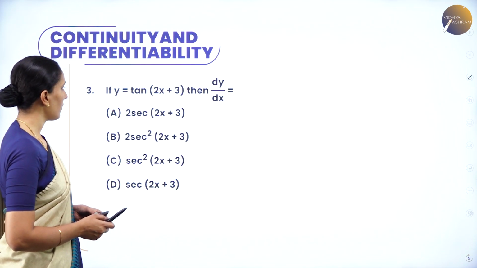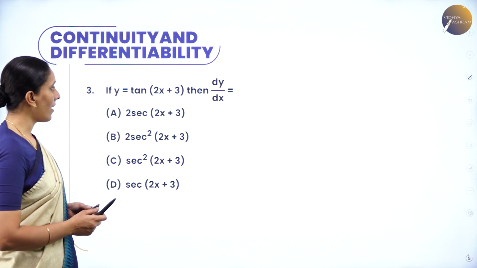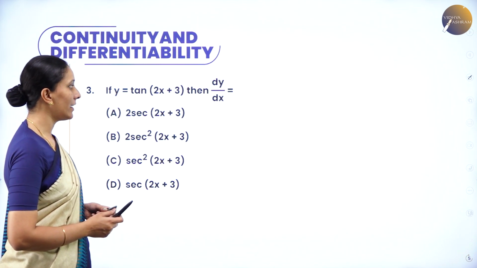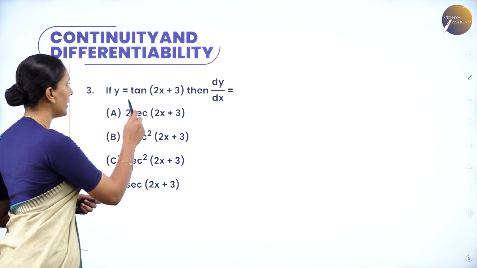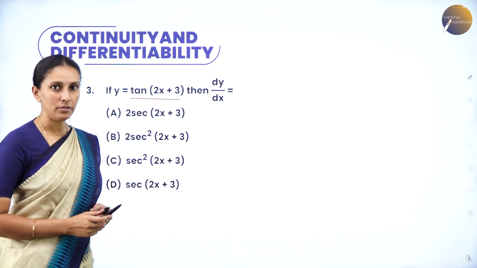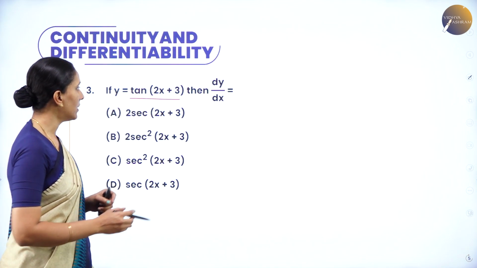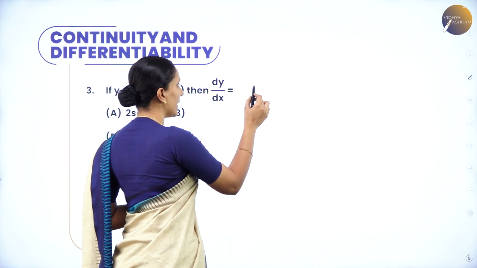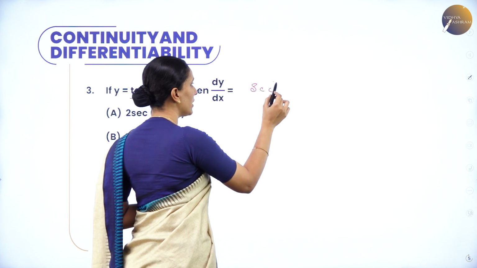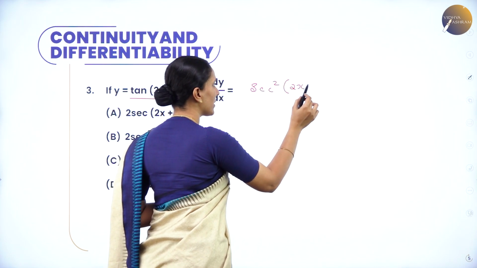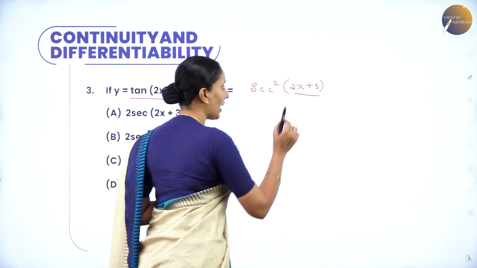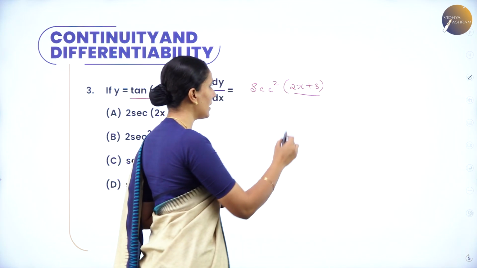Next. If y is equal to tan of 2x plus 3, then dy by dx is. Clearly it's a composite function, so we should apply the chain rule here. Since we have tan here, we know that the derivative of tan x is secant square x. So here it is secant square of 2x plus 3. Next we need to derive 2x plus 3, a linear function.